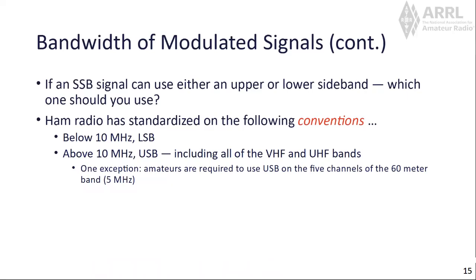That's 160, 80, 60. Well, 60 is a channelized band. That doesn't count. It's still, I guess, LSB. I won't say 60. 160, 80, 40, 30. Except that 30 doesn't use any AM at all.